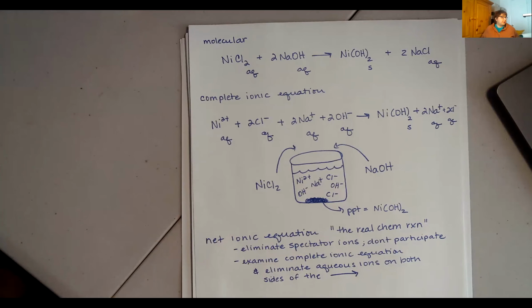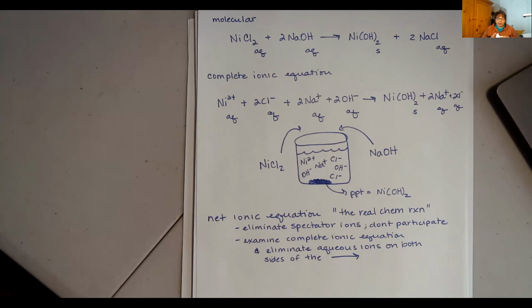So the way that you identify the spectators is you look at the complete ionic equation and you eliminate the ones that are aqueous on both sides of the arrow.